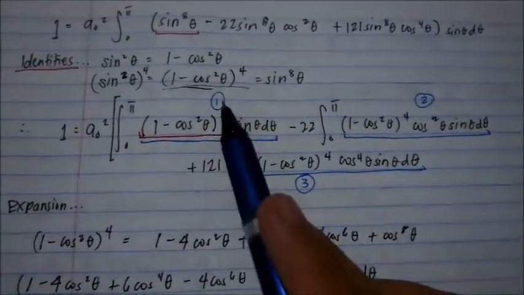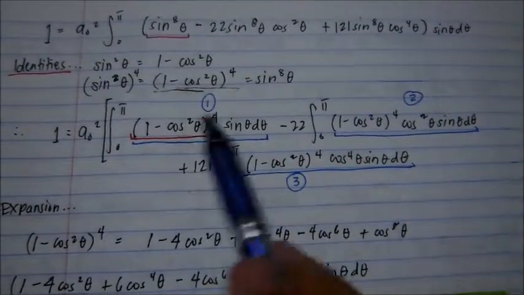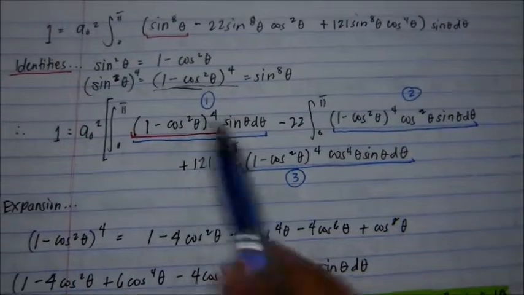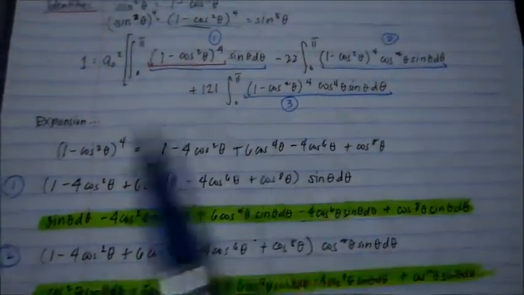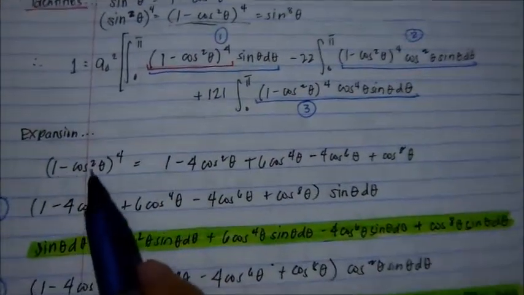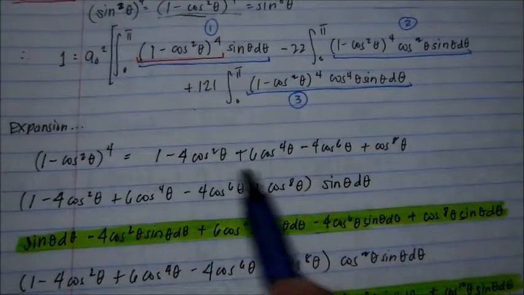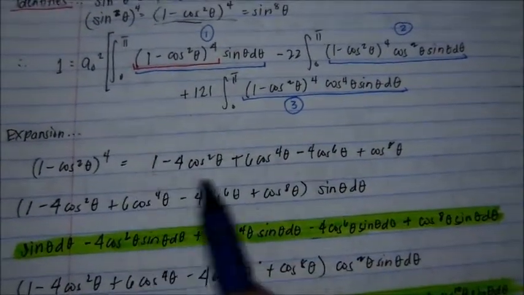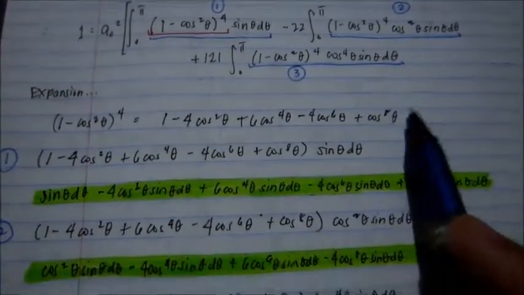Okay, I label these as first term, second term, third term, since we are going to expand this very long term. The expansion of 1 minus cosine squared theta raised to 4 will be like this. Be careful not to make mistakes in expanding that, because it's so hard to be wrong.